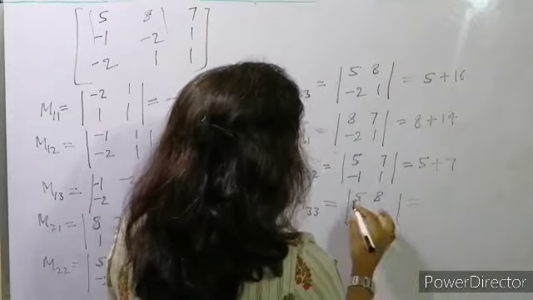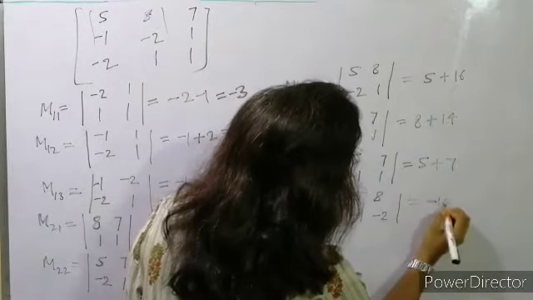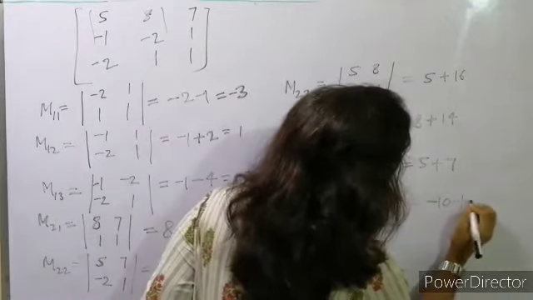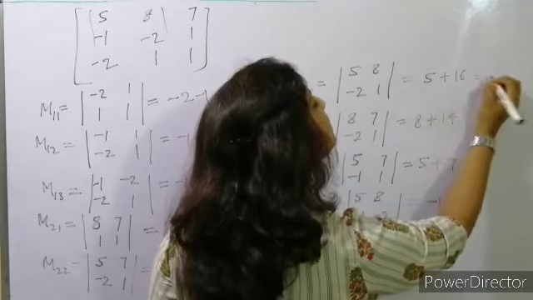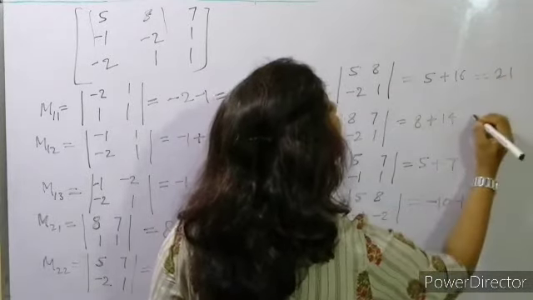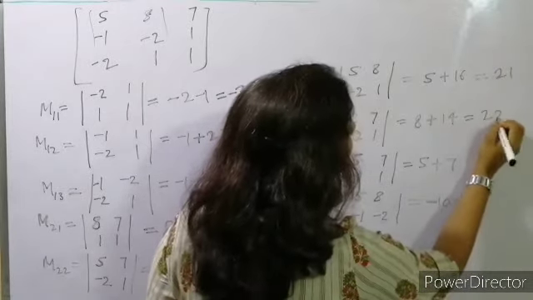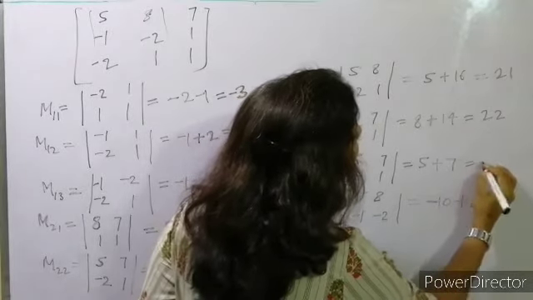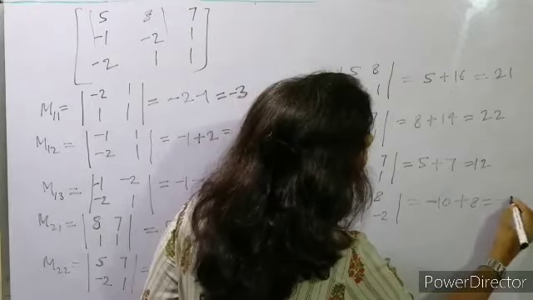Now 5 into minus 2 is minus 10, and minus minus plus 8. So 16 plus 5 is 21, 8 plus 14 is 22, 5 plus 7 is 12, minus 10 plus 8 is minus 2.